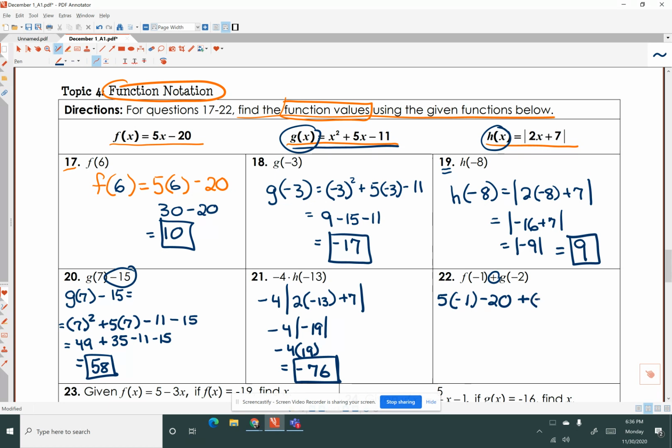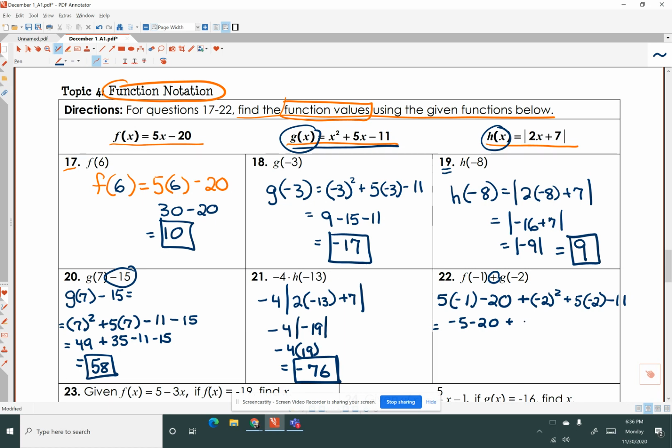So g of negative 2 squared plus 5 times negative 2 minus 11. And so it will be negative 5 minus 20 plus 4.